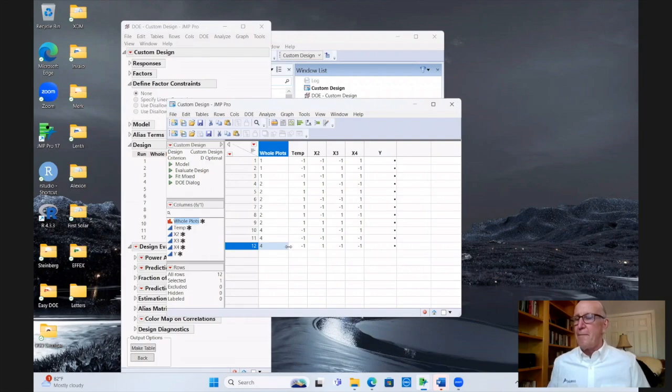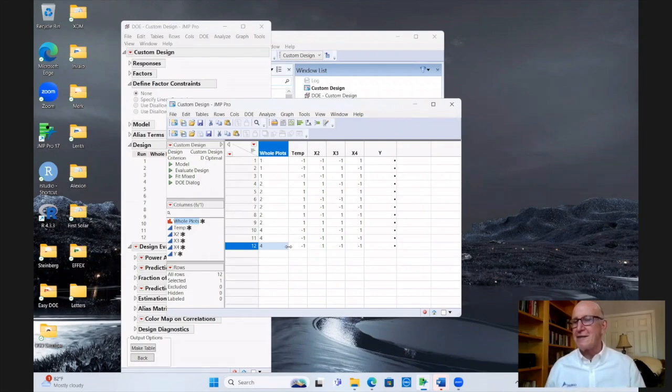If there wasn't a random kick, then you could just ignore the fact that you had run a split plot design. You could treat it as if it were a completely randomized design. But you don't know whether the whole plot variance is going to be 0 or not in advance of experimentation.